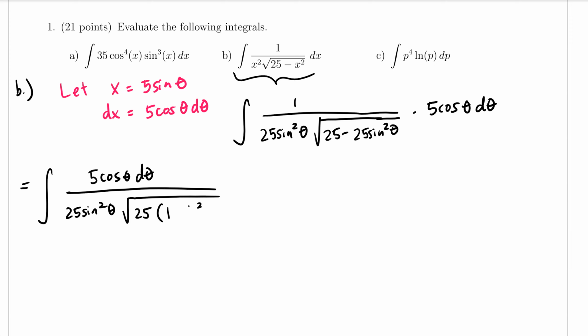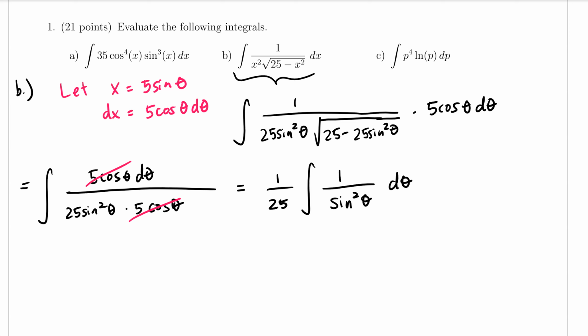And if I use the Pythagorean identity, I can rewrite that as cosine squared theta, and then if we take the square root of that, then that's going to leave us with 5 cosine theta. Then the 5 cosine theta in the numerator and denominator will divide out, and I'll factor out 1 over 25, and then we have the integral of 1 over sine squared theta d theta.